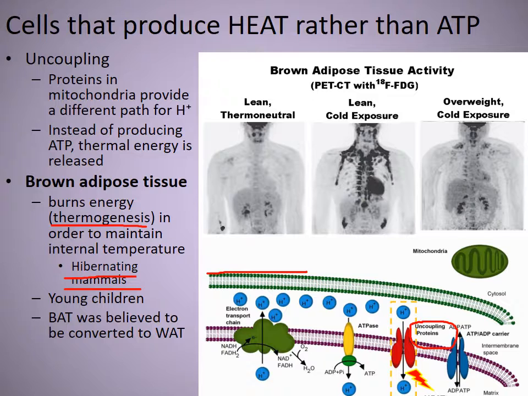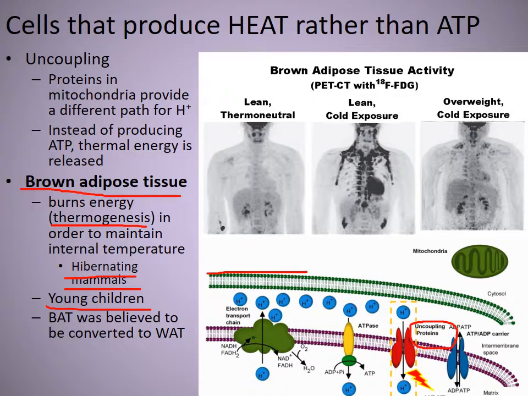The type of tissue that produces this energy would be your brown adipose tissue. There are two different types of adipose tissue: white adipose tissue and brown adipose tissue. Brown adipose tissue is responsible for thermogenesis, or creating heat. And as a result of this heat, mammals can maintain their internal temperature while they're hibernating.